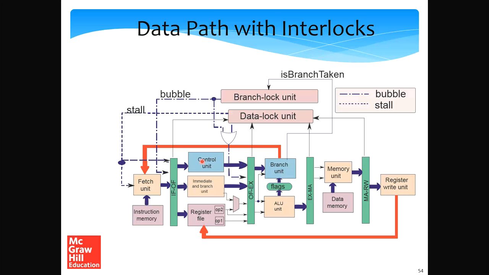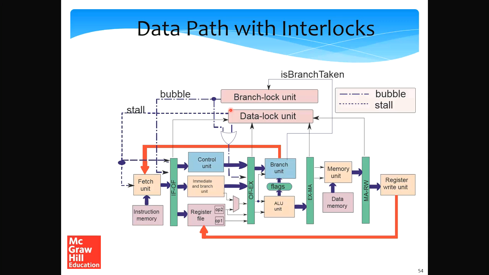And simultaneously, we also send a bubble signal to the OFEX register such that in the next cycle, the instruction that goes from the OF stage to the EX stage also gets converted to a bubble. And we have an OR gate over here because a bubble signal can come from the data lock unit as well, and a bubble signal can come from the branch lock unit.